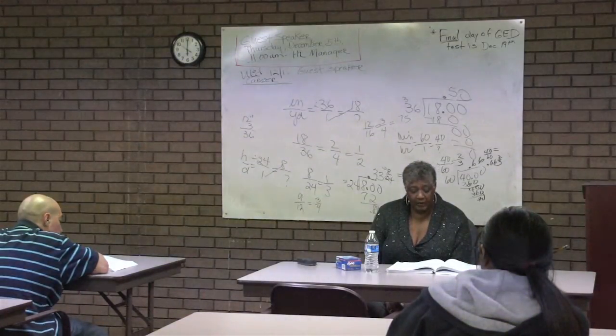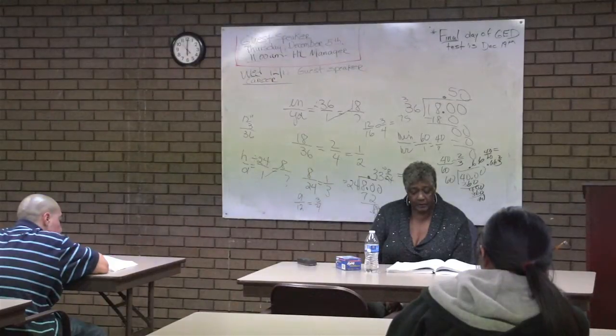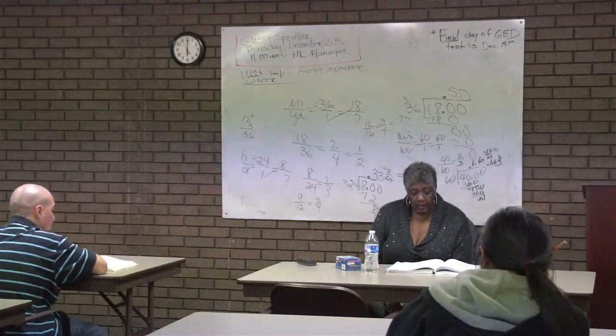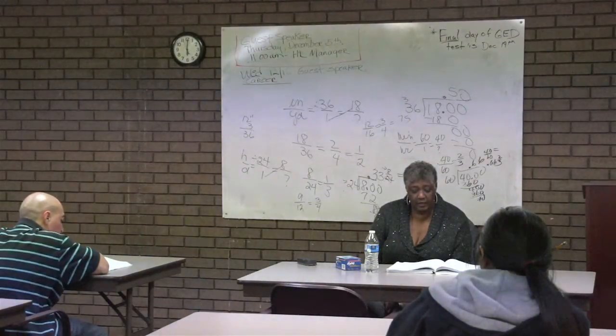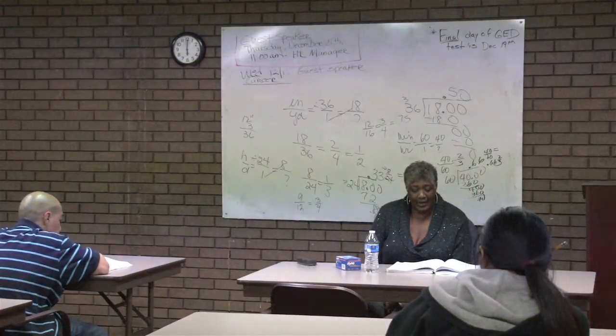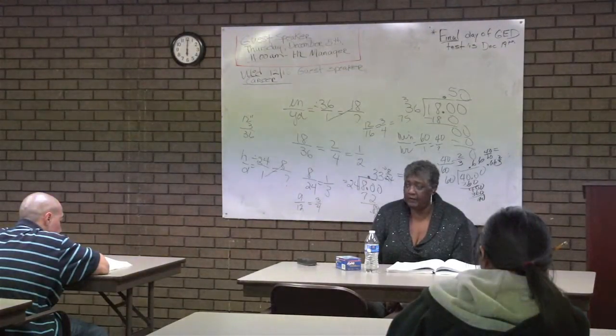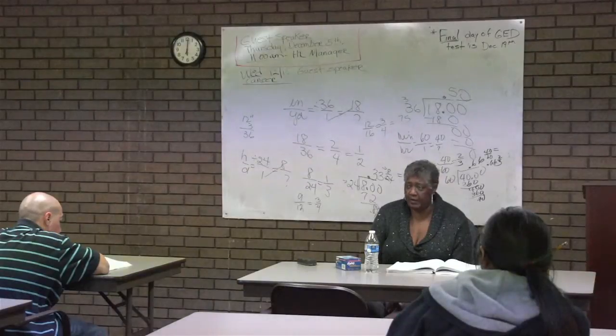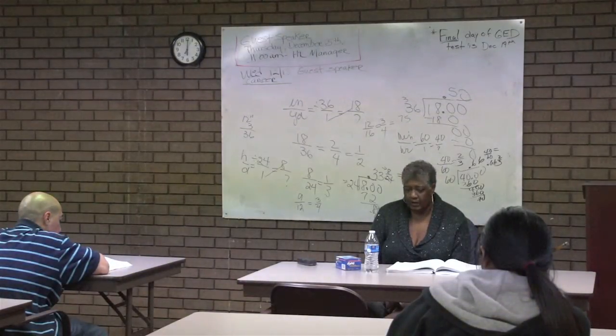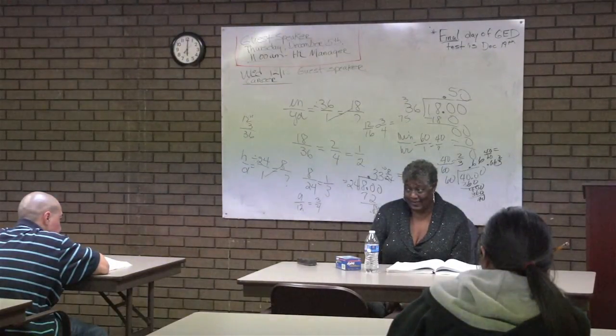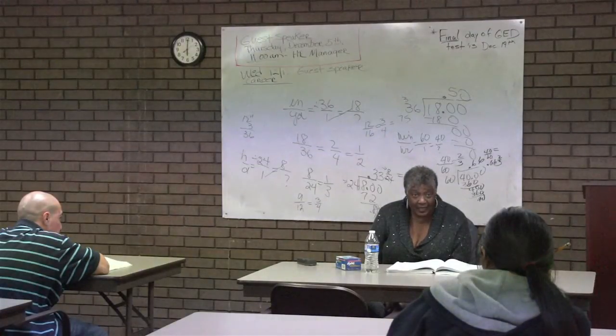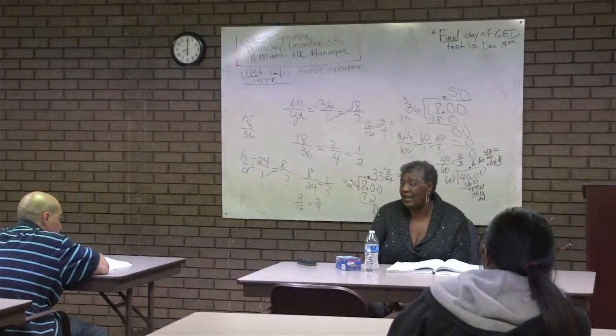Let's look at number 11. Look at some of the story problems. Oh, before that, let's look at number 10. 1.5 miles would give you how many feet? How would you figure that out? How many feet in a mile? 5,280.